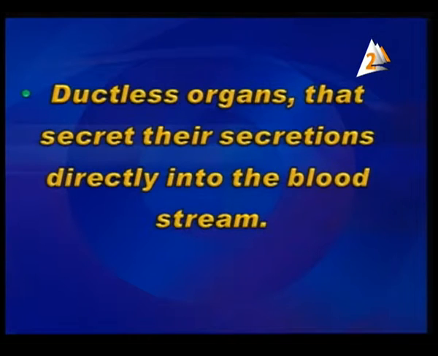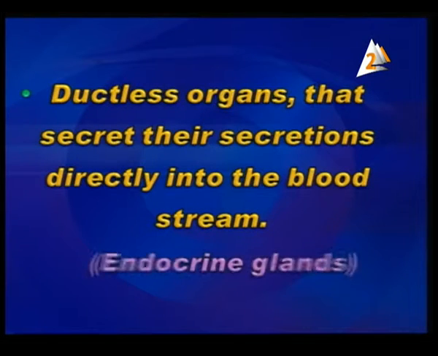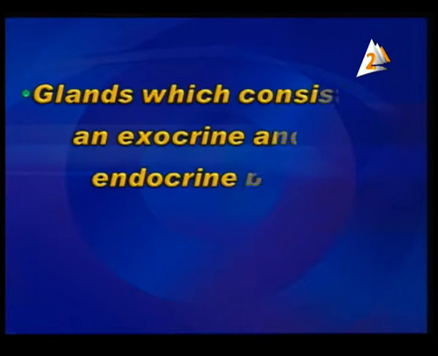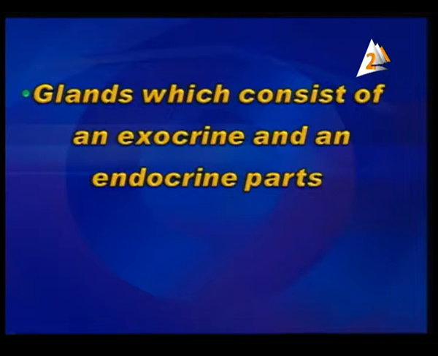Third one, ductless organs that secrete their secretions directly into the bloodstream. It is called endocrine glands. Very good. Glands which consist of an exocrine and an endocrine part.